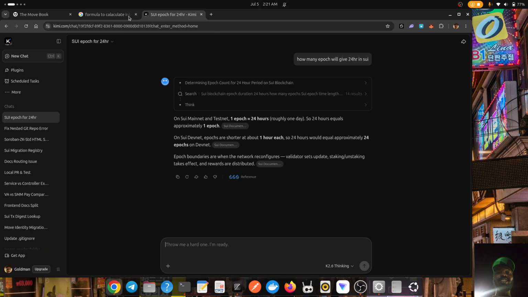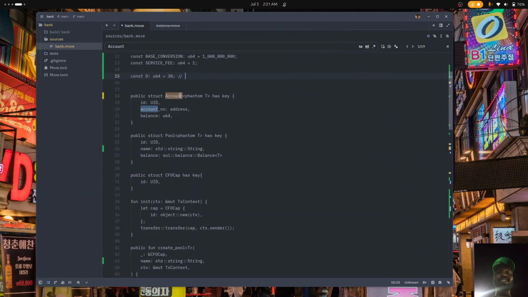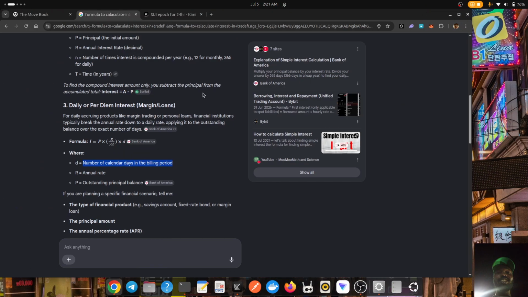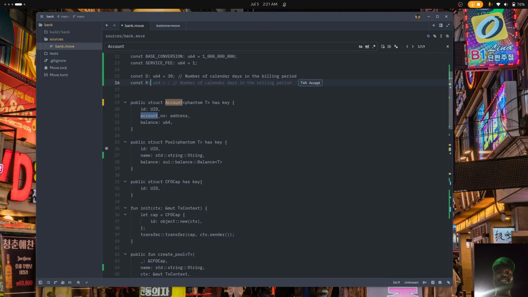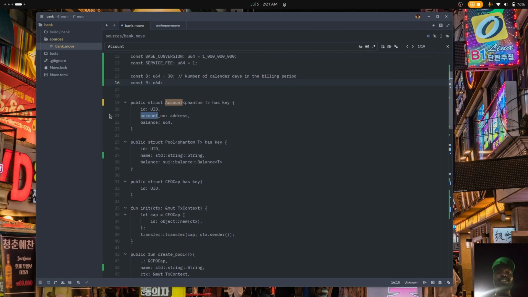So this is going to be number of calendar days. Period is usually default to that, and the next thing I want is the rates. So rate is going to be, how do I do that rate? Rate is going to not be constant, right?